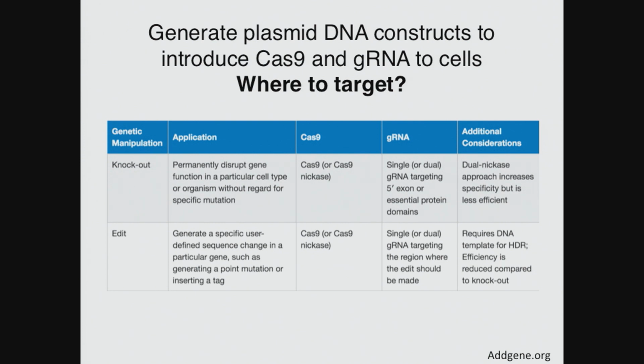So here, for a knockout, you might design a guide RNA that targets, for example, an essential domain of your protein, so that when it cuts and the gene is repaired wrong, it deletes a region that is important to the function of the protein.